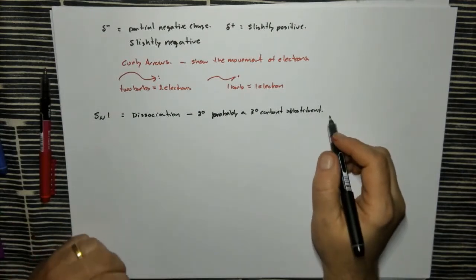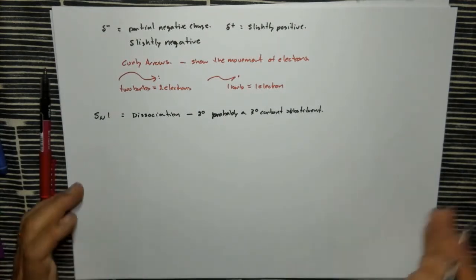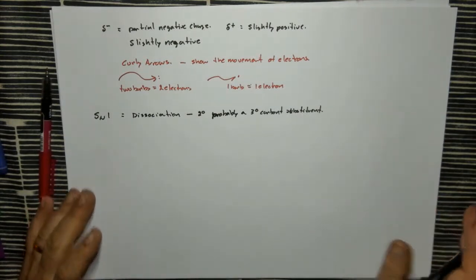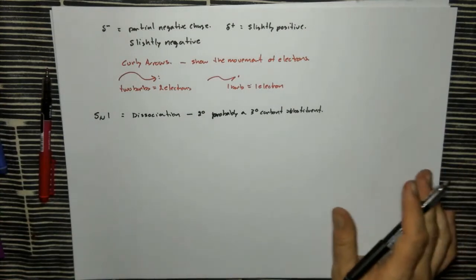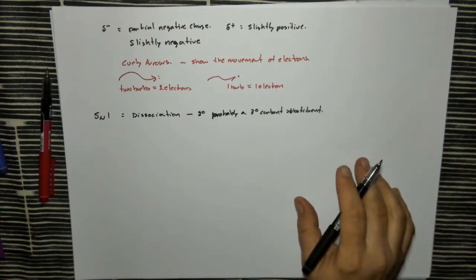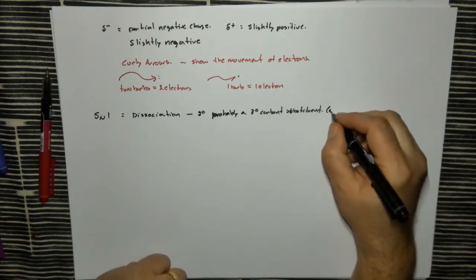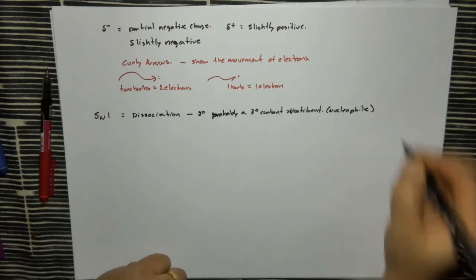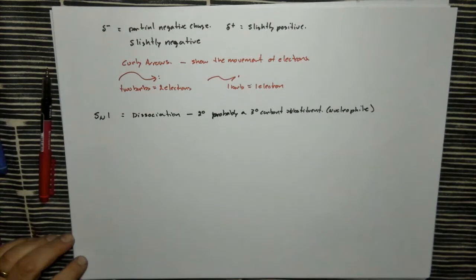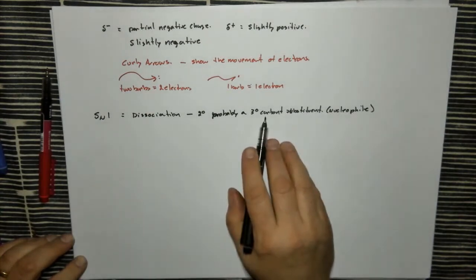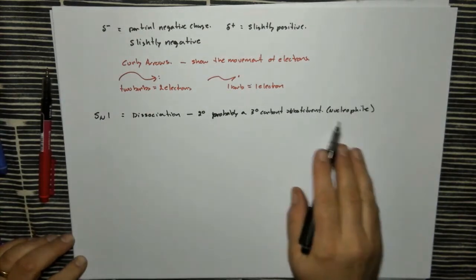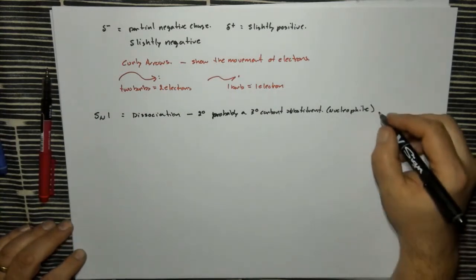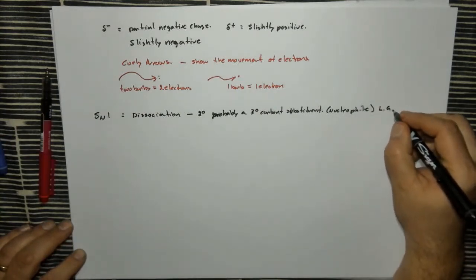A substituent is anything on a carbon chain that has replaced a hydrogen. It could be another carbon, but in this case it's going to be a nucleophile. If we have a tertiary carbon substituent, it is going to act as a leaving group, LG.